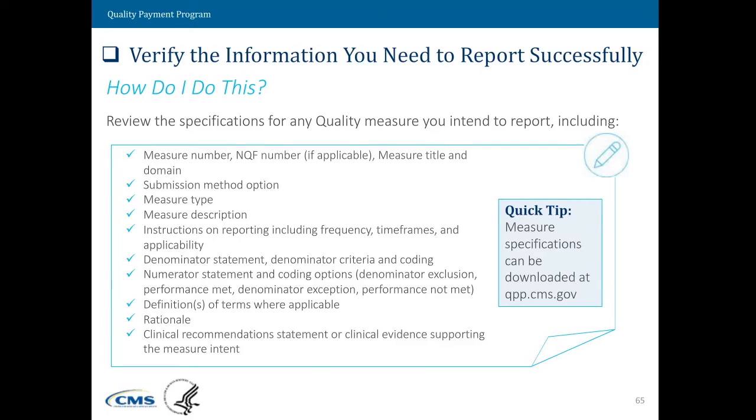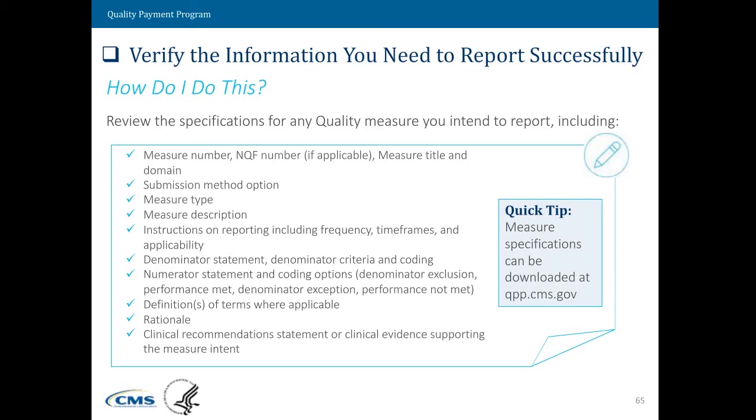Additionally, the measure description and instructions on reporting, as well as the criteria for the measure, are key things to take a look at. And remember, many of the measures for MIPS are measures that have been developed by specialty societies. They've been rigorously tested and validated, and some of them have been in use previously in PQRS and Medicare Meaningful Use.